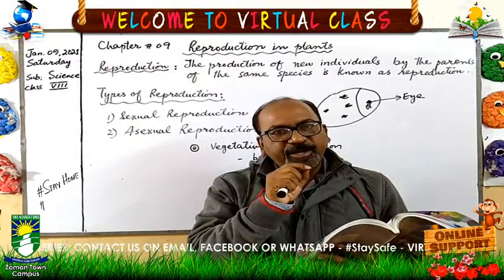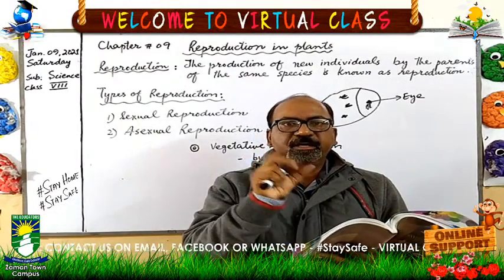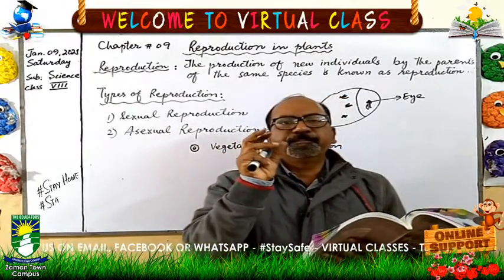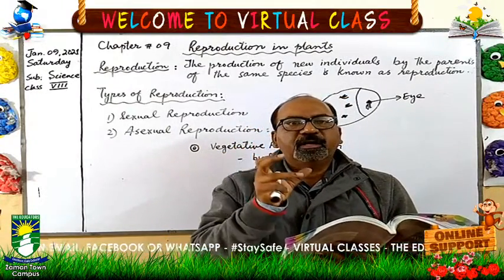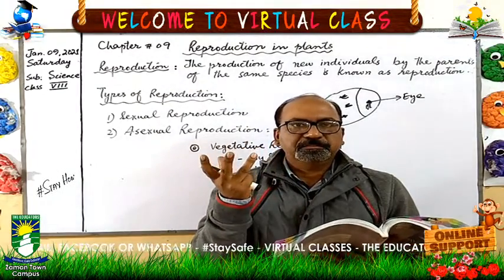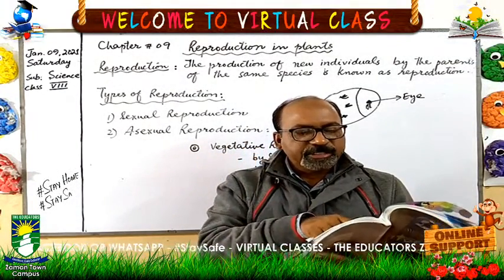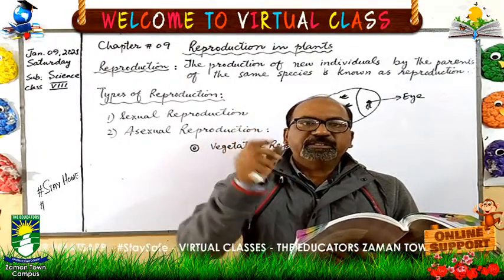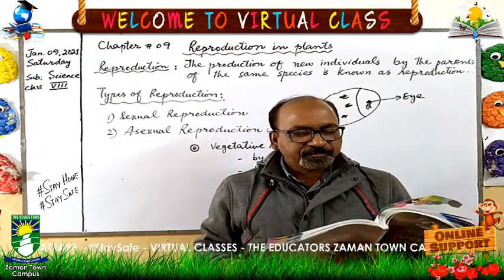And from that point, new buds arise. A bud is actually a flower which has not blossomed. This is called a bud, and sometimes from these buds new plants can arise.